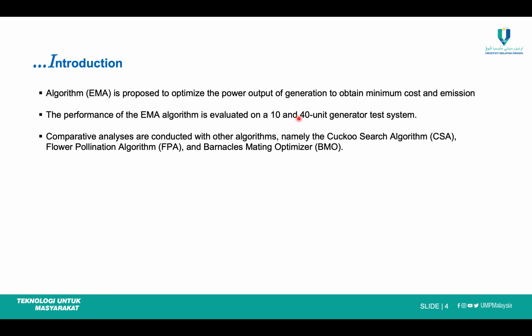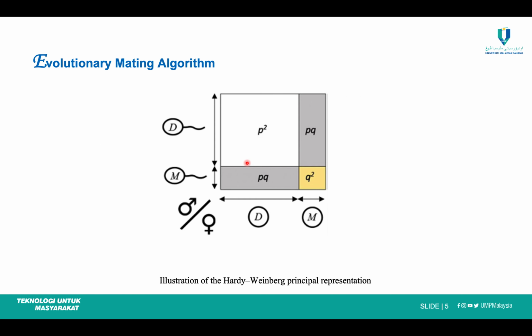For the 40 generator units, you can refer to the paper. And then the comparative analysis is conducted with other algorithms such as cuckoo search algorithm, flower pollination algorithm, and barnacles mating optimizer.